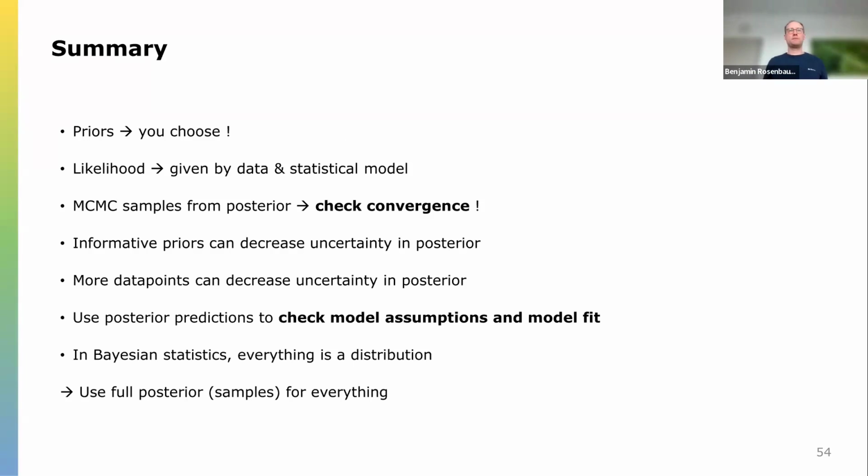But often, if you have a large data set, then the choice of the priors is not that important, or it's not very sensitive. However, if you just have a few data points, you actually want to put in some information, because just a few data points will not give you good evidence for your parameters. So sometimes, especially with small data sets, you want to include some prior information.